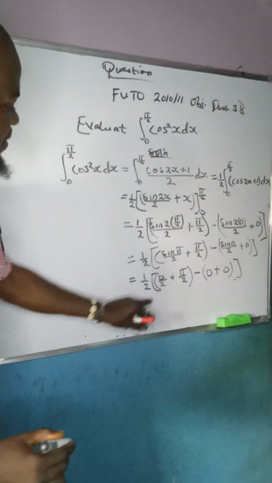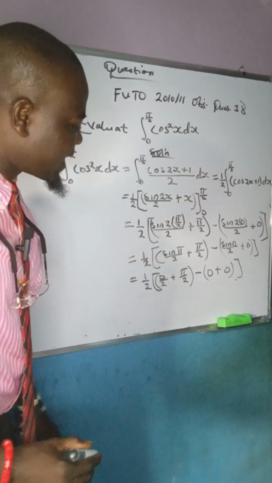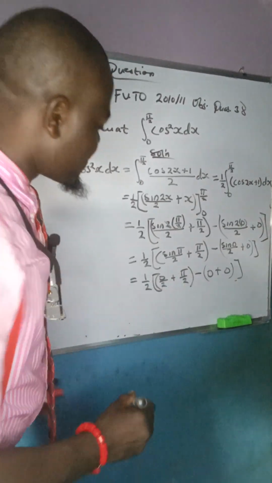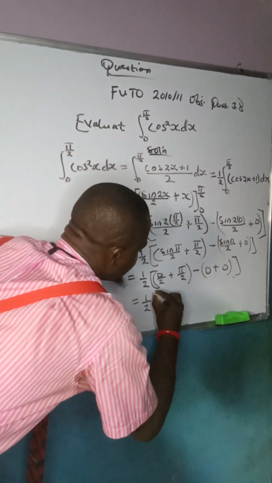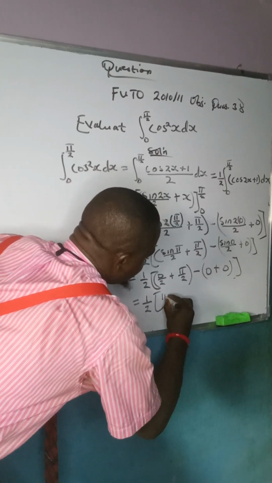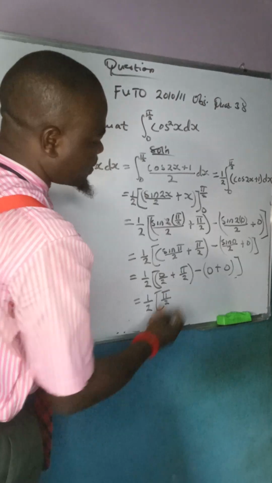Good. Now 0 divided by 2 is 0. So I now have 0 plus pi over 2, which is pi over 2.